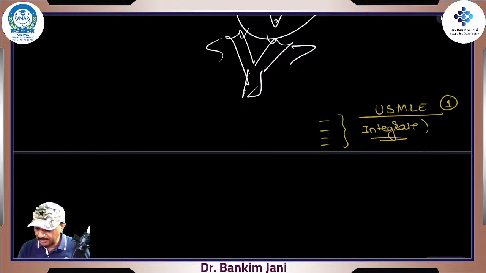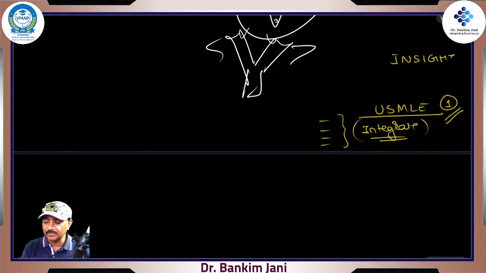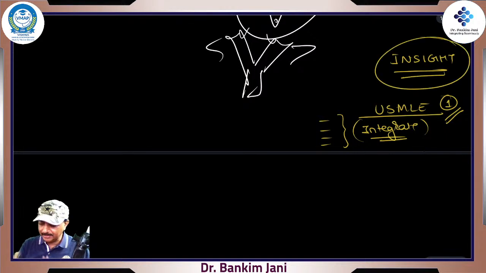But if you learn it in this way, the exam would be very easy for you because it develops what is called insight. That is what is needed, right? The answer should spark in your brain that yes, because of these reasons, it happens. And that's what they ask, right?